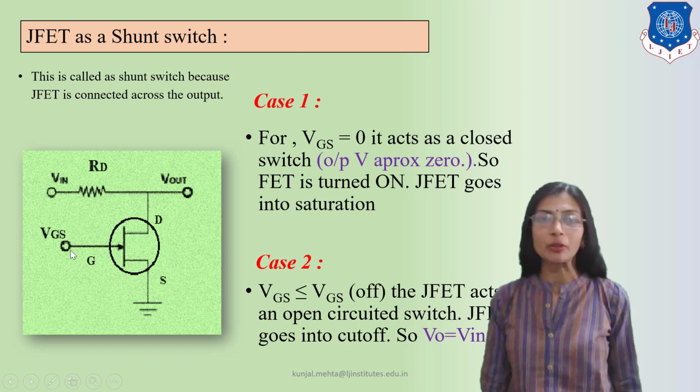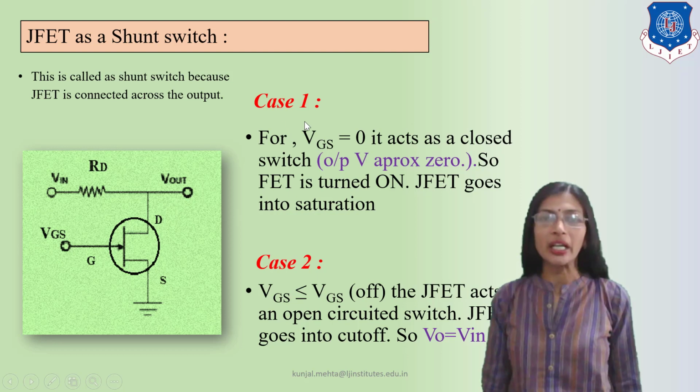Actually, V input is applied to the gate terminal, and we will consider two cases, case 1 and case 2: VGS is equal to 0, and VGS is equal to VGS off or negative. RD is connected with the drain terminal, that is known as drain resistance. The arrow is shown on the gate terminal. This is N channel JFET.